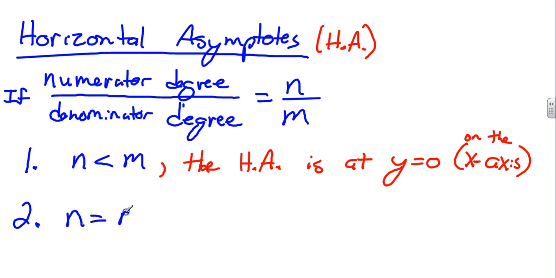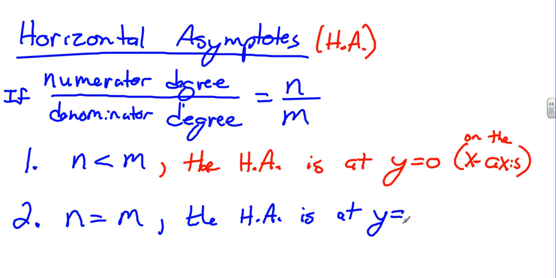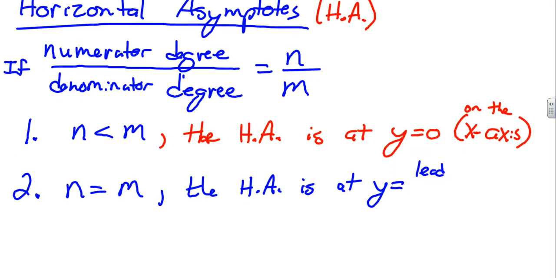Okay, if the two degrees are the same, if you've got x squared on top and you've got x squared on bottom, then the horizontal asymptote is y equals the leading term coefficient. I'm going to put it in here.